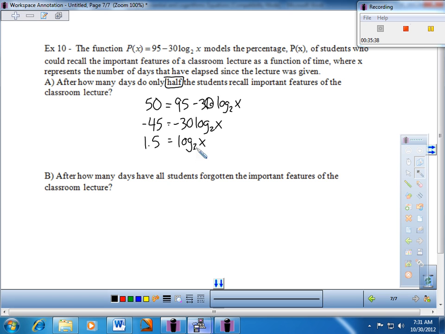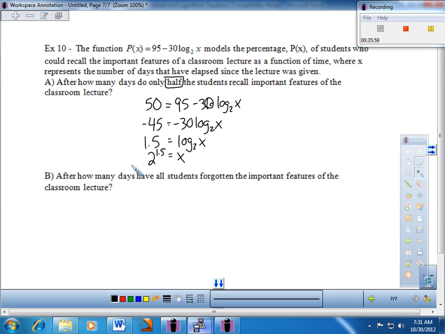Now I would ask you the question, are we ready to roll that 2 on over to the other side? And the answer is definitely yes. The logarithm is isolated. The variable is part of the input. In order to free that up, everybody, that 2 needs to roll on over to the other side. And when it does, it bumps up to 1.5. I hope everybody is able to do that automatically. And that should be our answer.